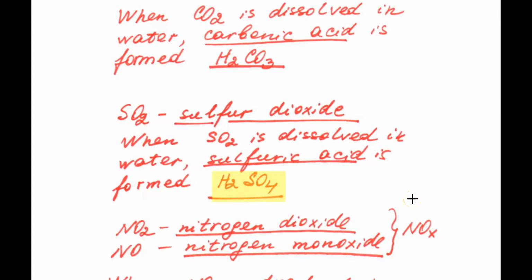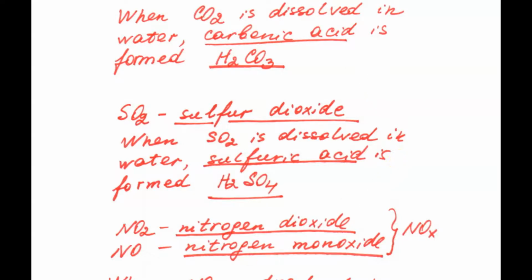So it is made of 2 hydrogen atoms, 1 sulfur atom, and 4 oxygen atoms. And sulfuric acid is very, very strong, right? And makes our environment very acidic. So when sulfur dioxide dissolves in water, it produces the sulfuric acid, which makes our environment acidic.